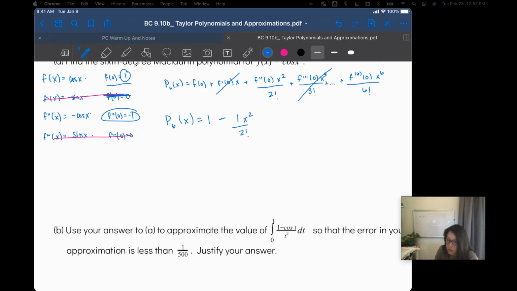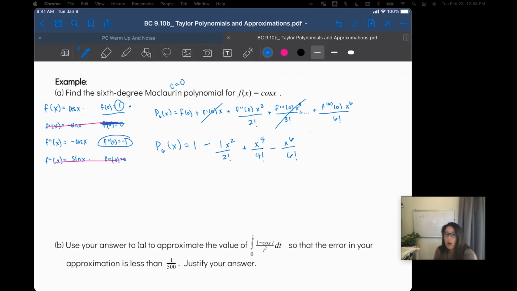The third degree term will cancel. The fourth degree term will kick back up to positive 1, so plus x to the 4th over 4 factorial, minus the 5th degree cancels, and the 6th is minus x to the 6th over 6 factorial. That is our 6th degree Maclaurin polynomial of cosine of x.